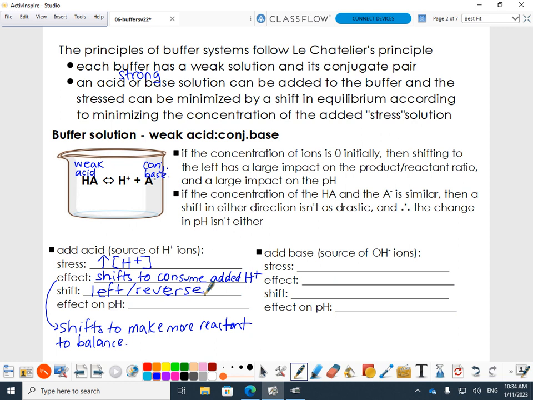But when you add an acid, the pH is going to decrease and become more acidic, which is what you would expect, but in a buffer solution, it won't be as drastic, okay? So small decrease. So when you calculate the change in pH, if you get a negative number, that's not a big deal.